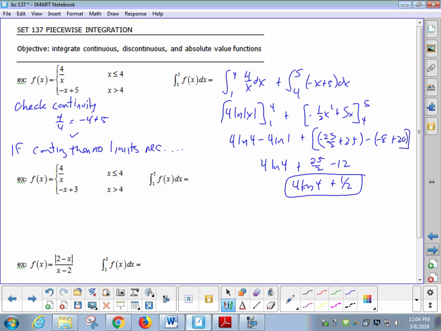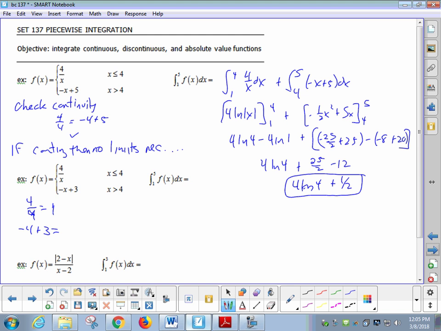Unfortunately, sometimes, now this is pretty uncommon in AP, but in college it's pretty common. If it's not continuous, then it's a bit of a mess. You should do it something like this. Let's go here. As you approach this time, it's obviously still 1 from the left side, but the right side is now more like... did this come out to be this?